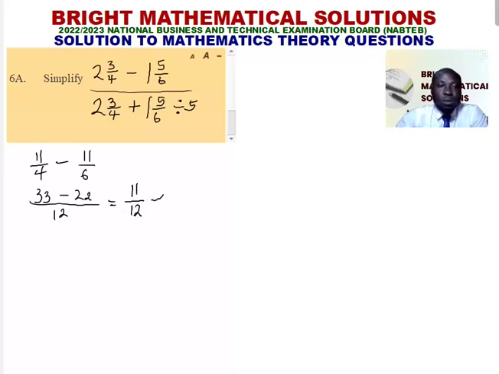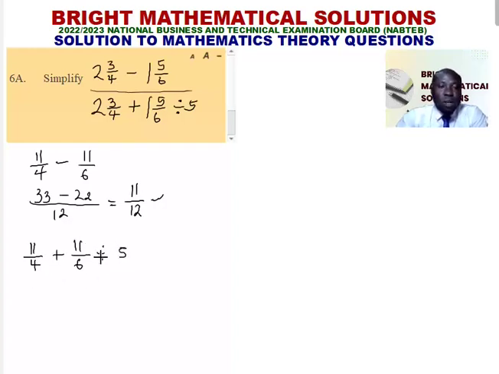This is for the numerator. Now let's deal with the denominator as well, and that is the same thing: 11 over 4 plus 11 over 6 divided by 5. Now, remember, in the law of BODMAS, we deal with the division before the addition.